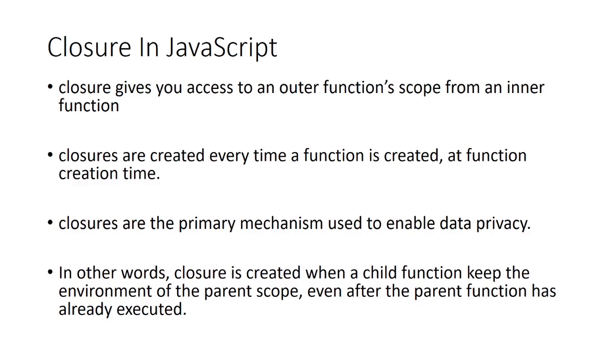Then we have seen there we are returning that inner function. In our example we are returning the inner function from our outer function, which says that even after the parent function has already executed, we can still have access to that outer function's variable x.